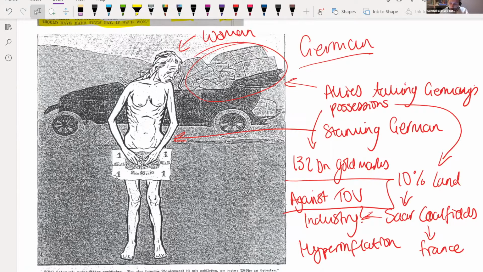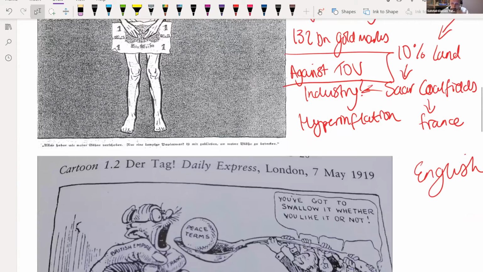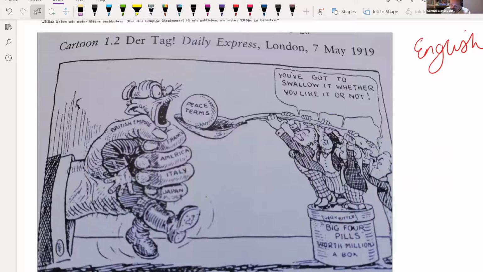So this one has a lot more written on it, and it says the big four, so you know who these are already, but if you know which faces to look at, so for example, here, you can see Clemenceau here. Oh, sorry, that's Lloyd George. That's Clemenceau there. That's Italy there, and that's Woodrow Wilson.